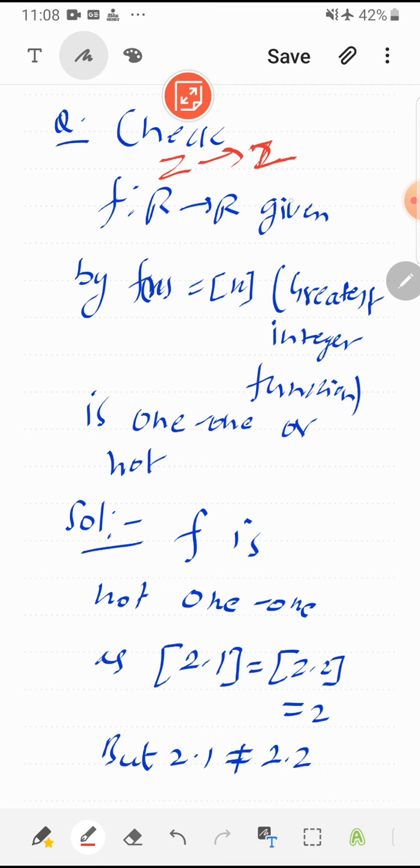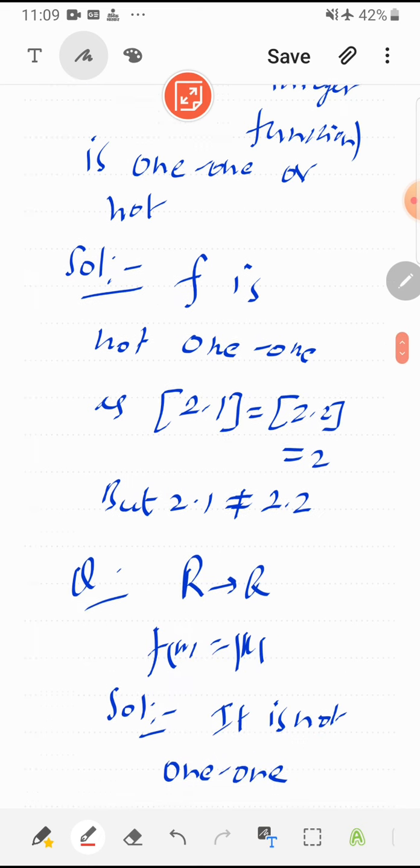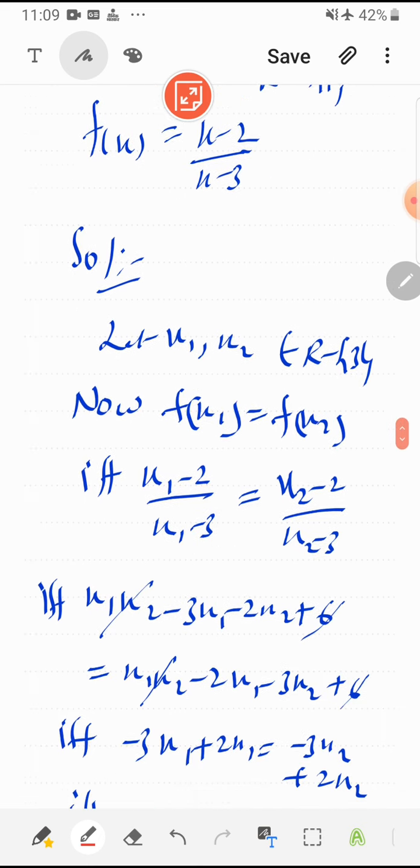It will become 1-1 now, because now the domain has only integers, and for integers the greatest integer value is always different. No two integers have the same greatest integer function value. So it will become 1-1 if R to R is replaced by Z to Z. So again be careful about where the function is defined from and to.